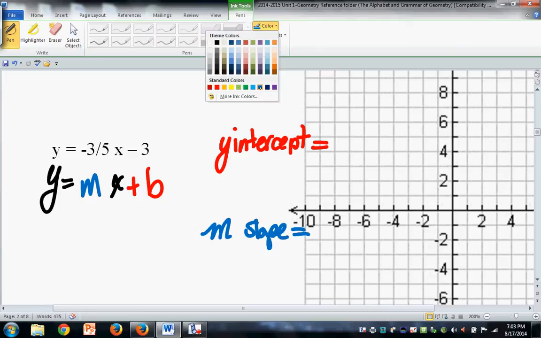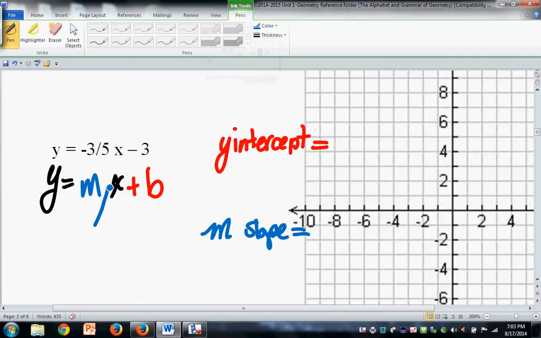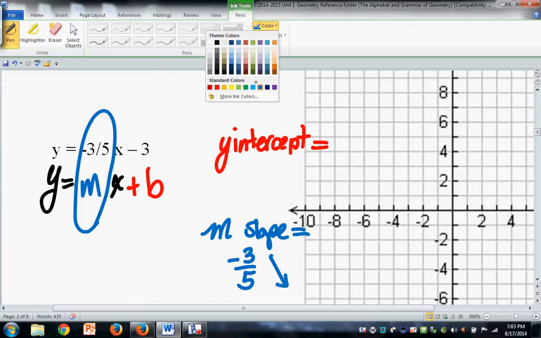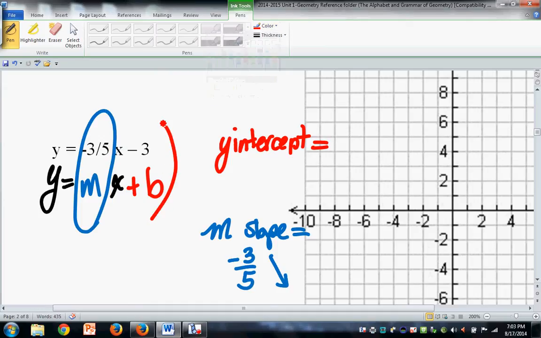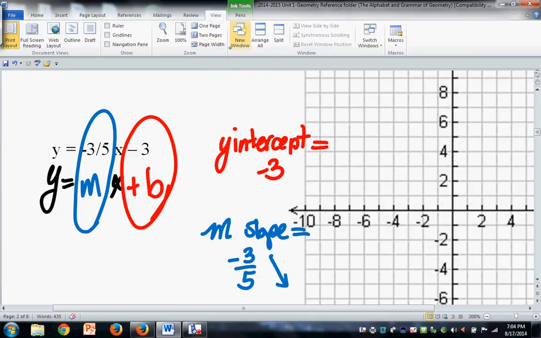So in this case, after you wrote y equals mx plus b, right underneath you want to circle it. So we see our slope is going to be -3/5, which means our line has to go downward from left to right. And circle the b, and what's right above it, our b, our y-intercept is going to be -3.